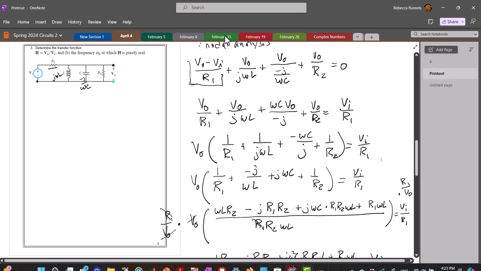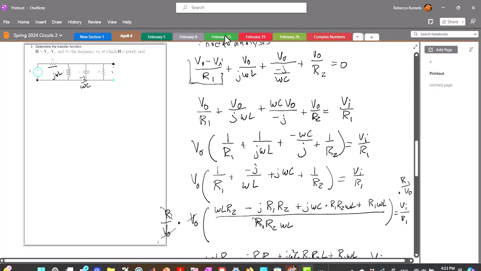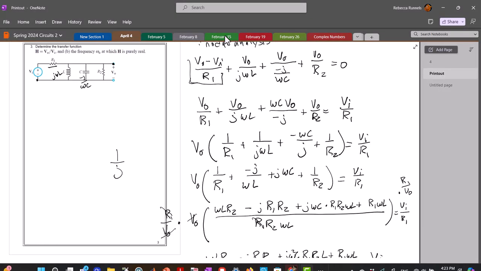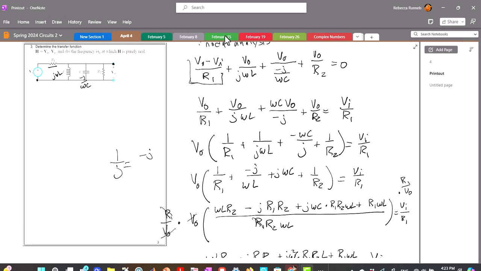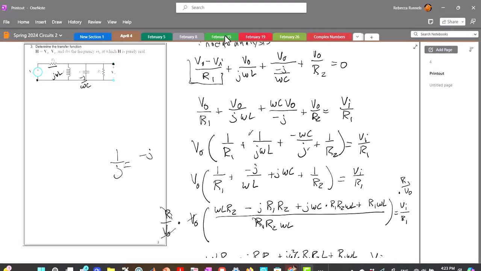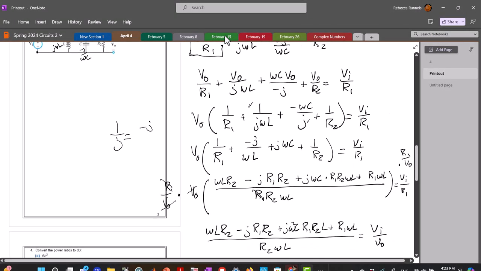On this next step, 1 over j is the same as minus j, so you can always bring a j that's in the denominator up to the numerator as a minus j. I did that on this term, and then I brought this term up as a minus j, and it became a plus j. So that's what I did there.